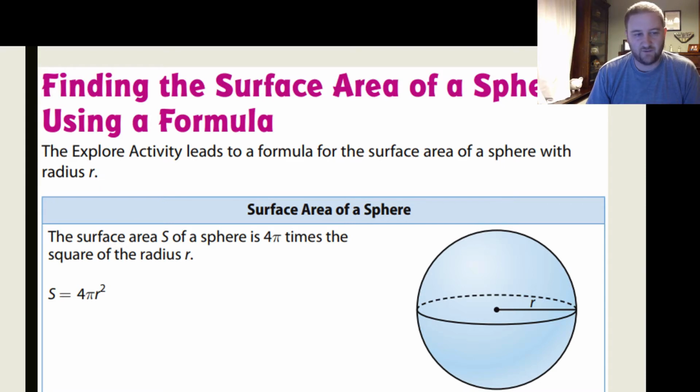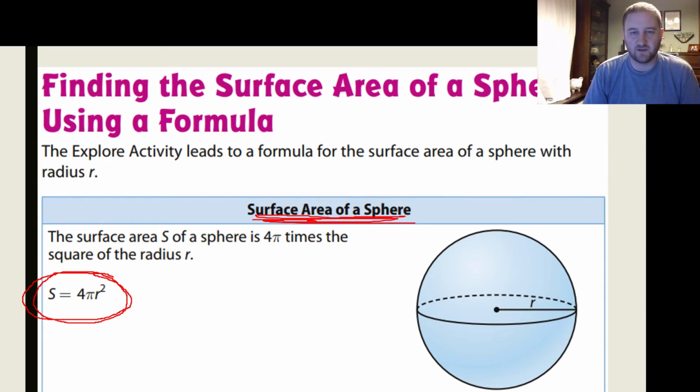So I'm going to have you write down this formula. The surface area, S, of a sphere is 4 pi times the square of the radius r. S equals 4 pi r squared. If this is our sphere, remember we've got a point in the middle.